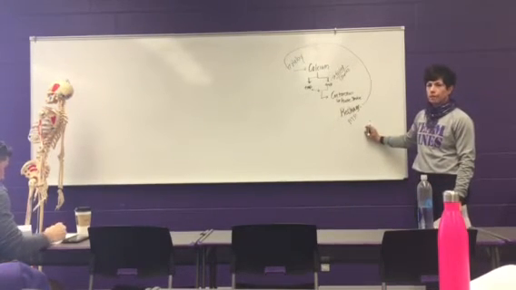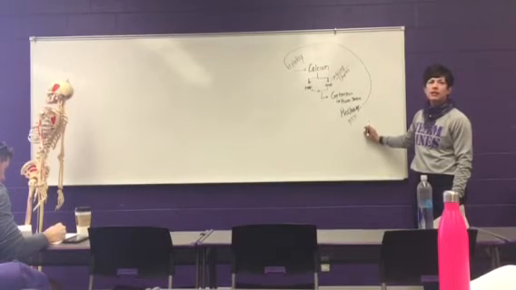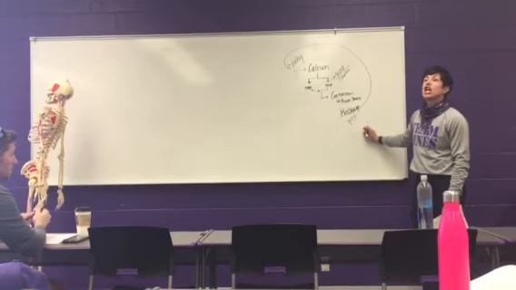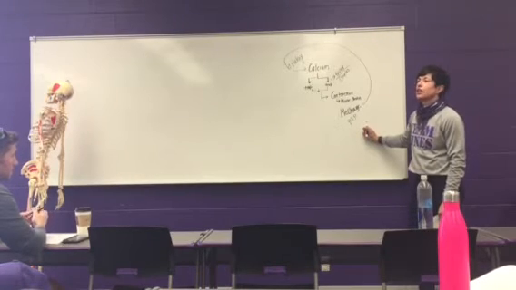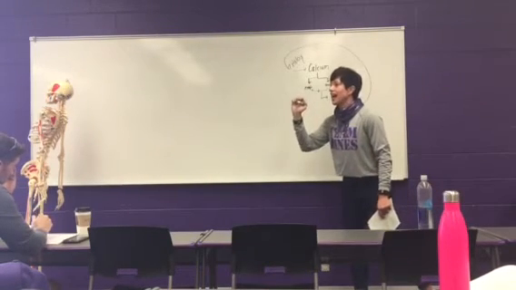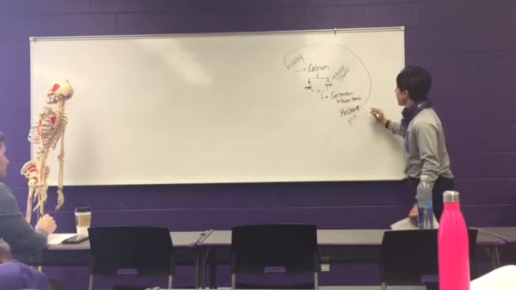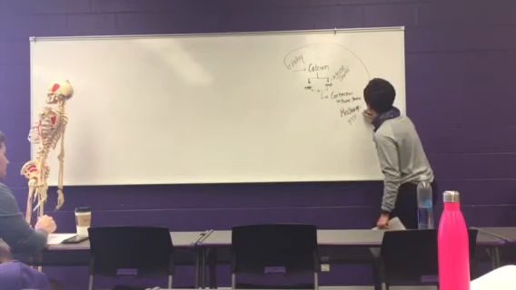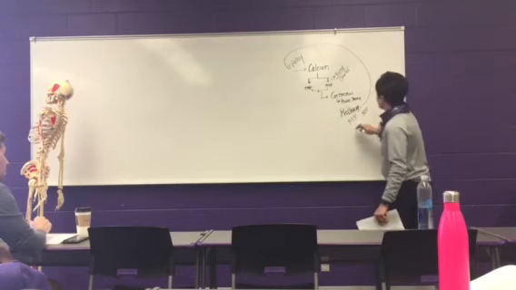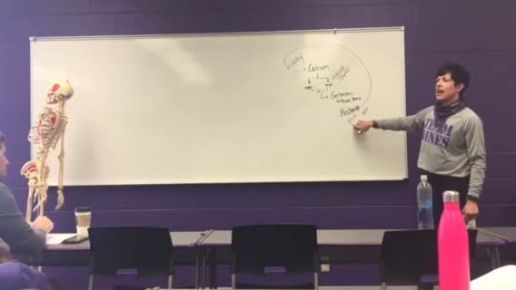Does anyone know what ATP is? Energy. Energy, awesome. Adenosine triphosphate. So how many phosphate ions do we have? 3. And through this recharge phase, all of a sudden, we lose a phosphate ion.